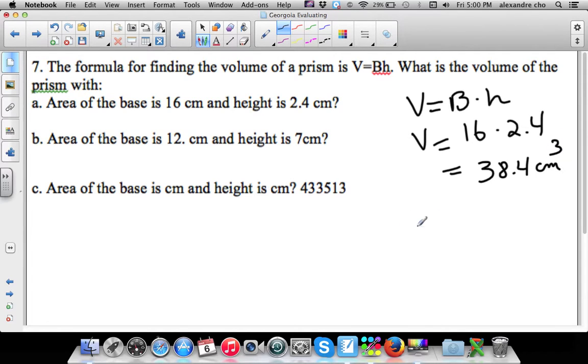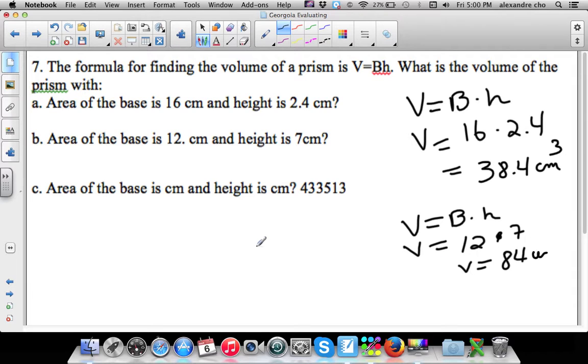Letter B. Again, volume equals base times height. You're given a formula. You want to find what V is, which is volume, and the second one is 12 times 7. That one is easy enough. 84 units cubed.